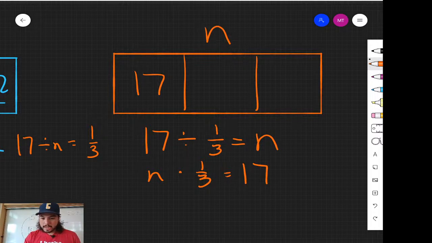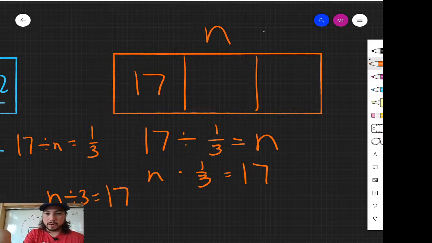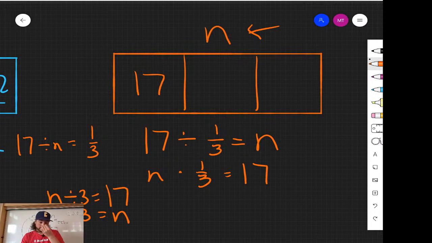We've got n divided by 3 equals 17. Yes, we've got our n there. Divide it into 3 equal pieces, and there's 17 in each piece. Yes, and the inverse of that would be 17 times 3 equals n, to get back there.